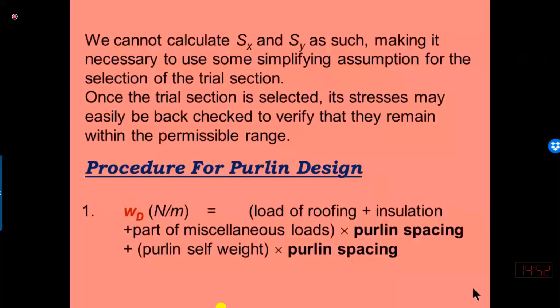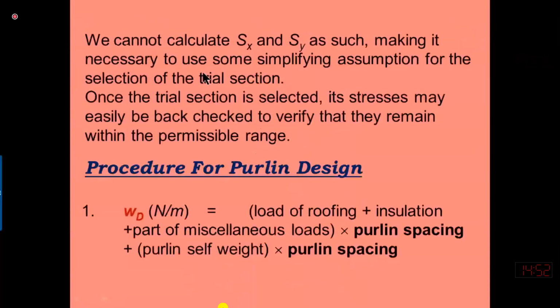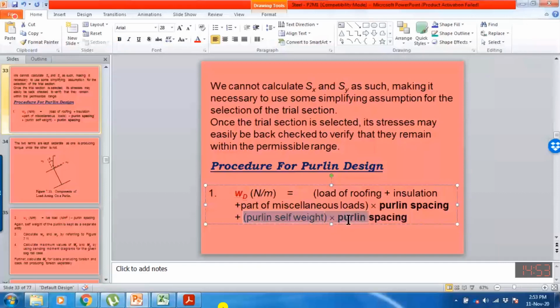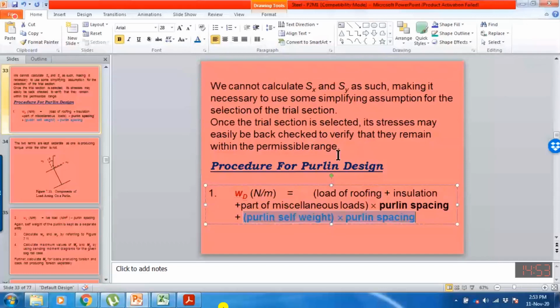The two terms are kept separate as one is producing the torque while the other is not. So actually what we are doing while computing the load, we are keeping the self weight of the purlin separate and all the other dead loads separate.